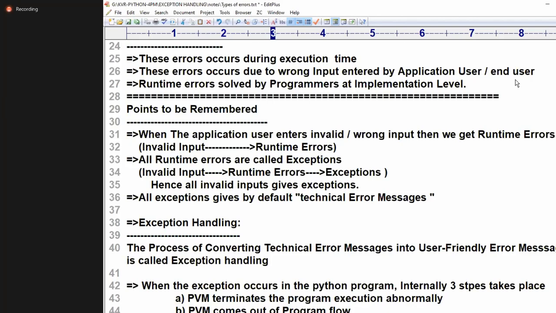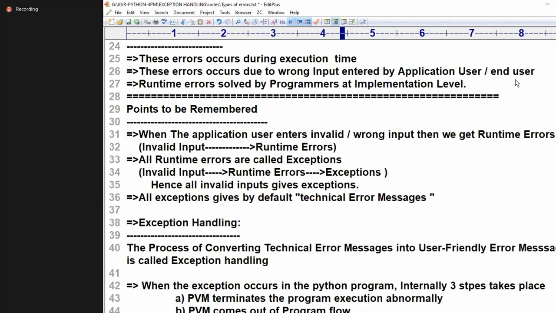PVM creates... this is a little difficult for you. Nothing is difficult, because we already understand that everything is an object. To do A, B, C steps: to abnormally terminate, to come out of the flow, and to generate the system error message.